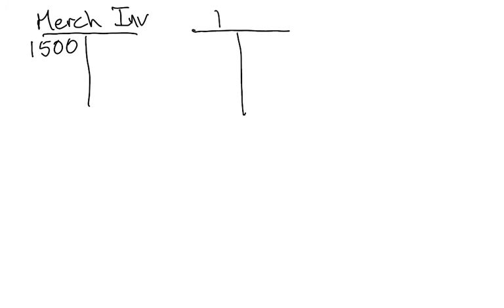So we're going to make a T account for merchandise inventory, or just inventory. And that's going to be a debit for $1,500, and then we're going to do a credit for accounts payable, a credit for $1,500.